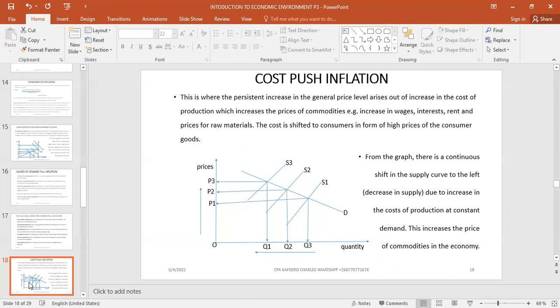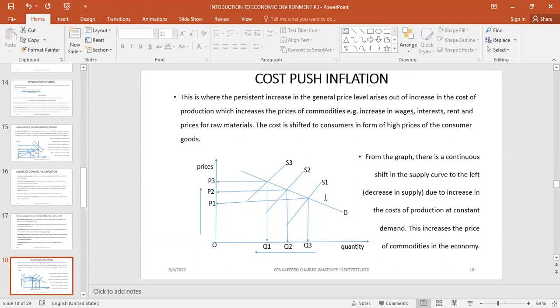So from the graph, we are seeing that there is a continuous shift in the supply curve, as you are seeing here. From S1, S2, S3, those are the supply curves.